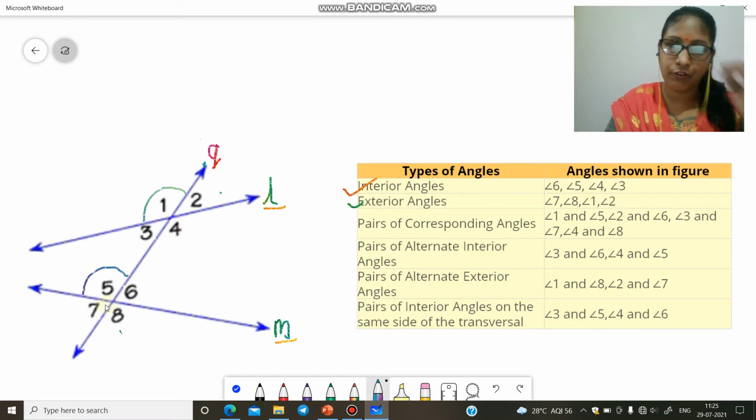They are formed on the upside of both the lines and on the same side of a transversal, then they are said to be corresponding angles. Okay, so angle 1 and angle 5 is said to be a corresponding angle. Same as angle 2 and angle 6 is said to be a corresponding angle.